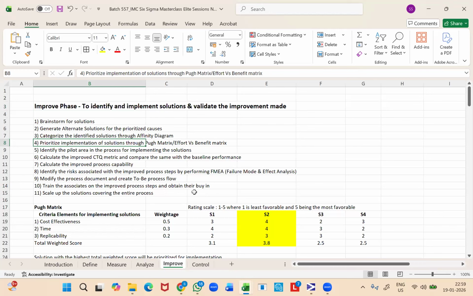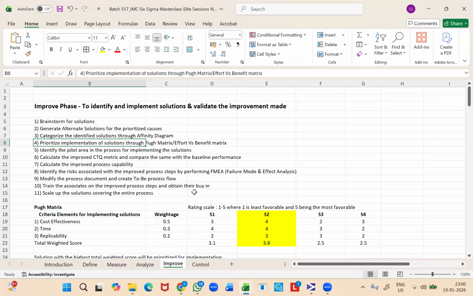So we would have generated alternate solutions for each and every prioritized cause. Now we need to identify which of these solutions I need to implement first, or try out first. For that, I'm going to use the Q matrix or effort versus benefit matrix. And then I will also identify the pilot area in the process for implementing the solutions.